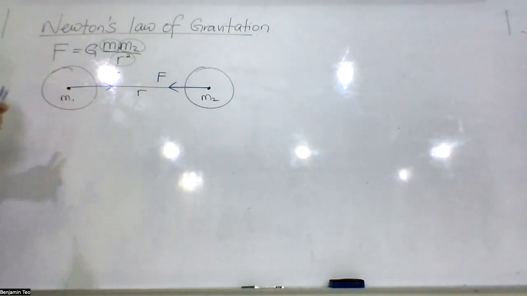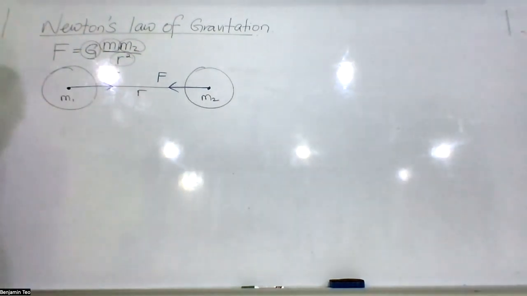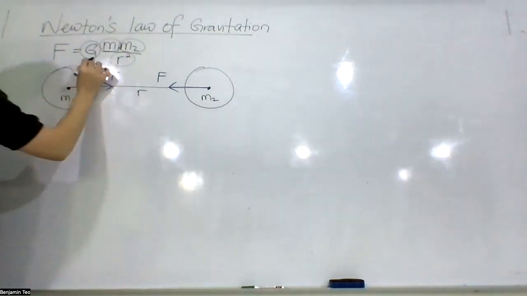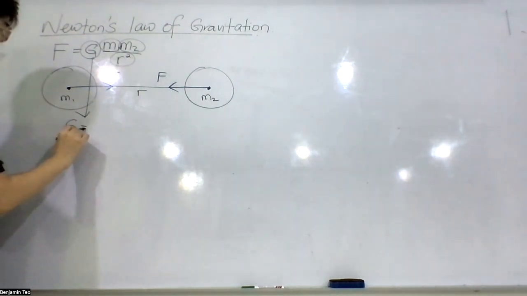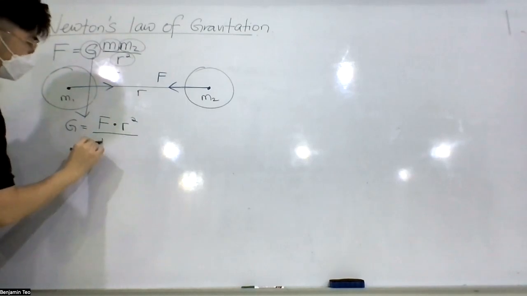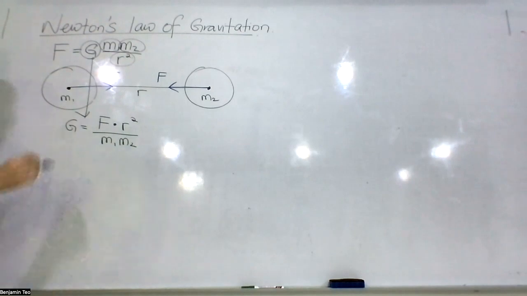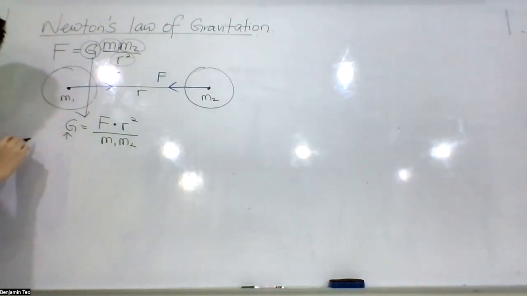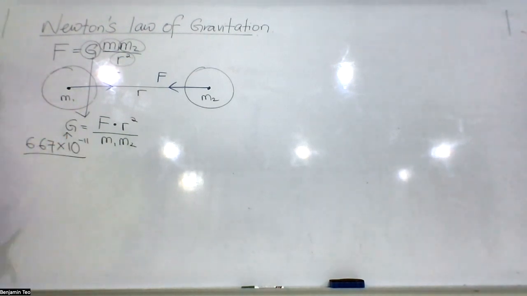Okay? Now, from here, what is this G? This G, if I rearrange my formula, I get G equals F times R squared over M1 M2. This is a constant value where it is given 6.67 times 10 to the minus 11. What does it mean?